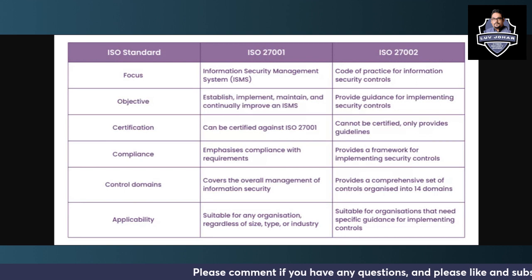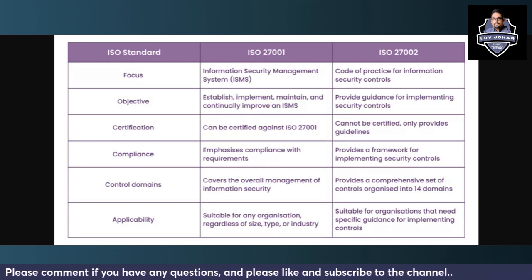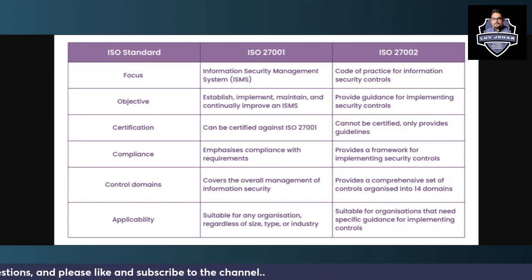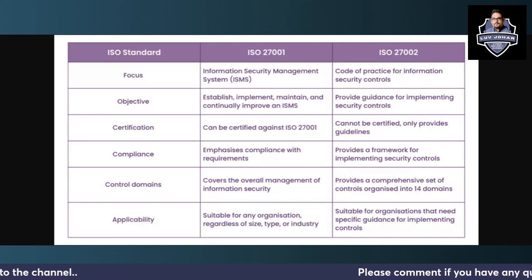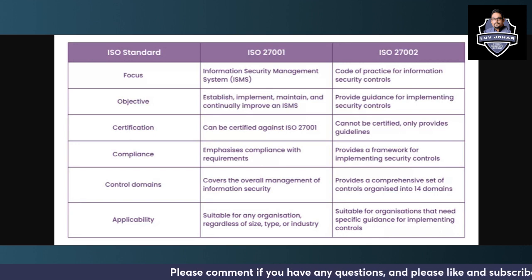However, ISO 27002, which is nothing but the code of practice for information security controls, as the name suggests, provides guidelines, guidance and best practices for implementing information security controls based on the requirements which are highlighted in ISO 27001.